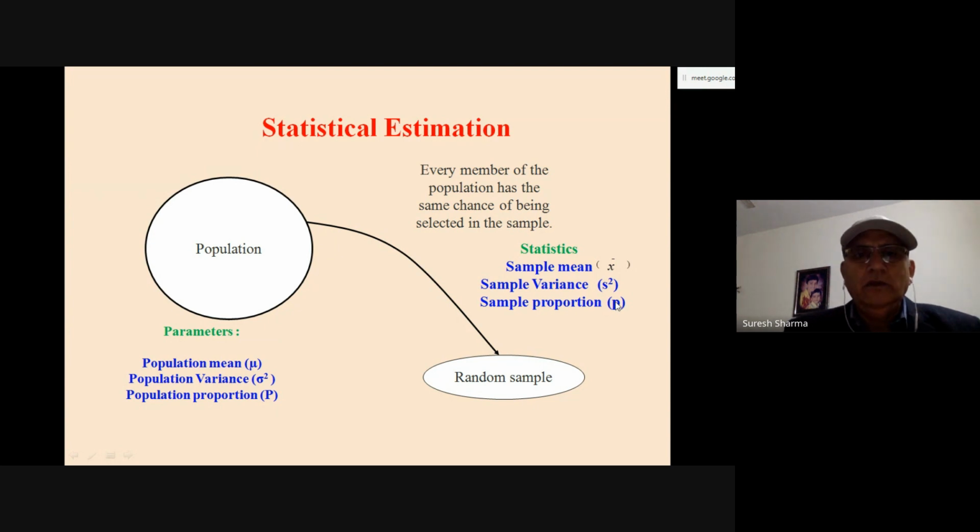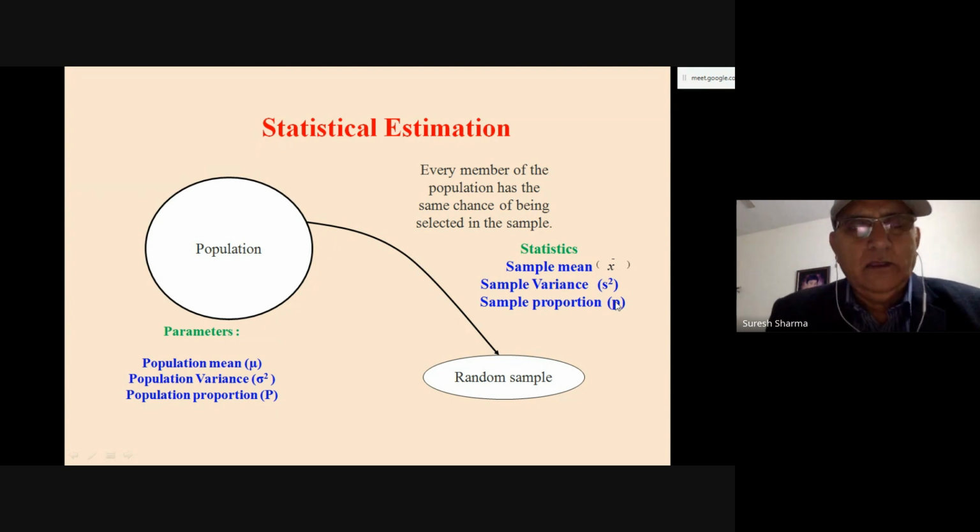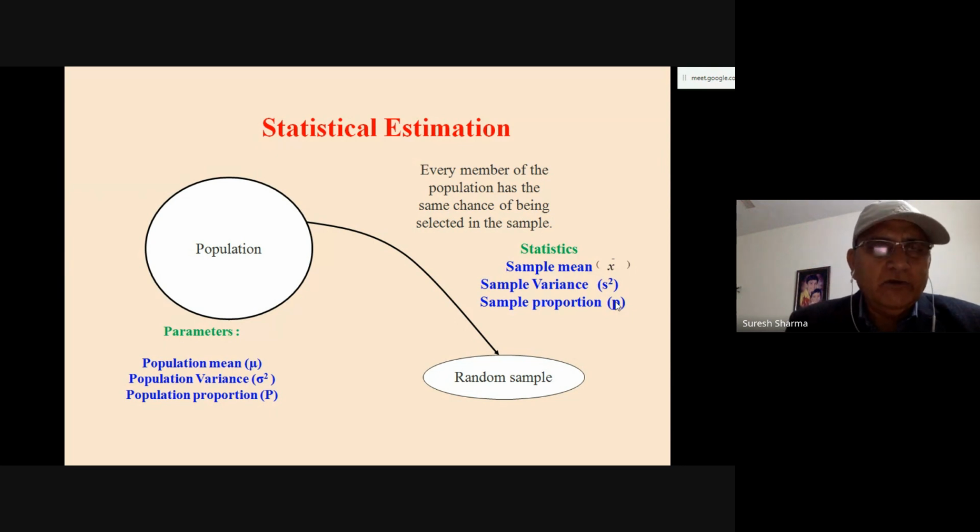Now, let's say you have used the appropriate sampling technique, because there are methods to take a sample from the population, known as sampling techniques, like simple random sampling with replacement, without replacement, stratified sampling, probability proportional to size sampling, cluster sampling, then judgment sampling, convenience sampling. There are many different types of sampling.